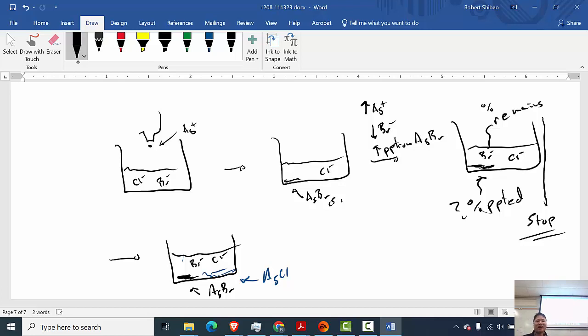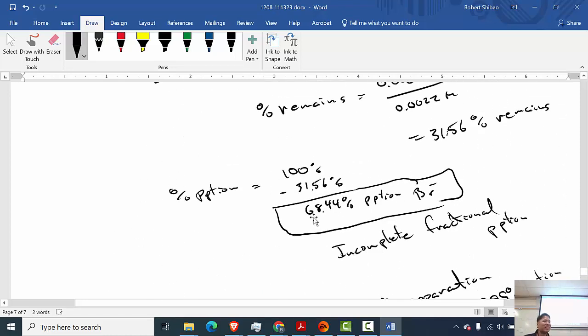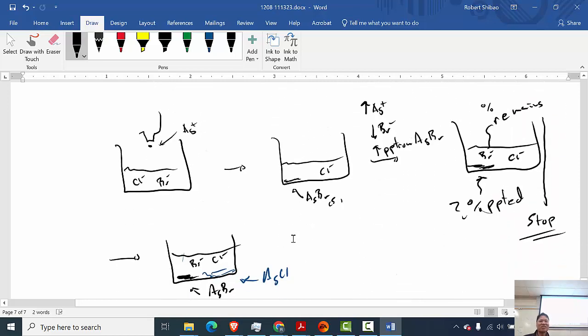In our case, we only had like 68% precipitation. That means 30% is still left in solution at the stopping point. So 30% of the bromide remains, and about 68% of the bromide has precipitated. If we wanted a clean separation, we want at least 99.9% precipitated and only 0.1% remaining. And that 0.1% remaining with chloride is so minor, we kind of ignore it.